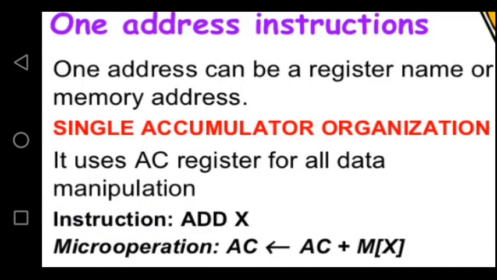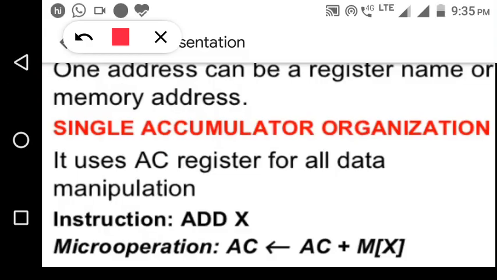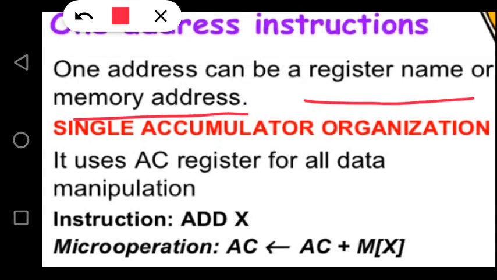Now let us discuss one address instruction. The one address can be a register name or one memory address. This is called single accumulator organization, or a simple accumulator based CPU. Remember, in one address instruction you can mention only one operand in the instruction. What about the second operand? If you want to perform addition, definitely you require two operands.